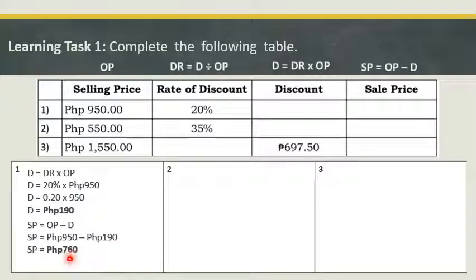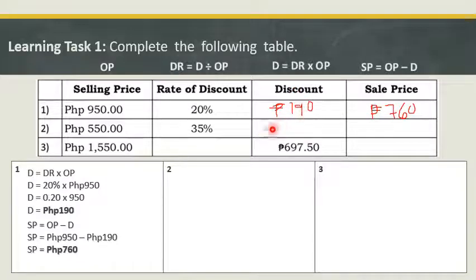So, makukuha natin is 760 pesos. So, dito ay 190, dito naman ay 760 pesos.